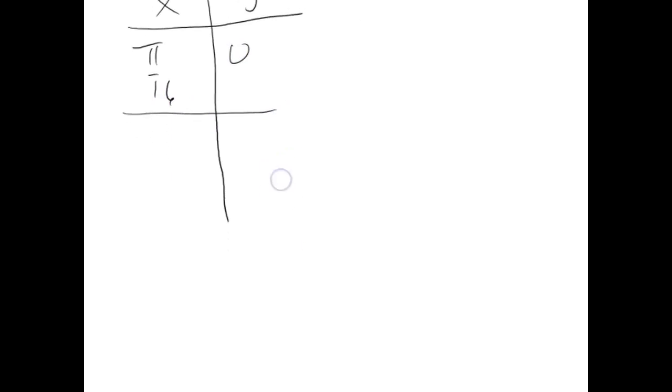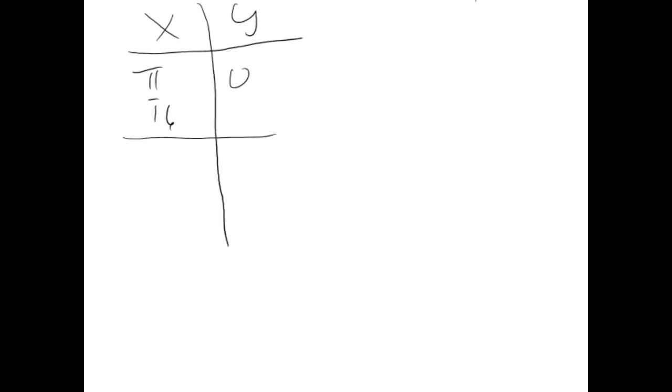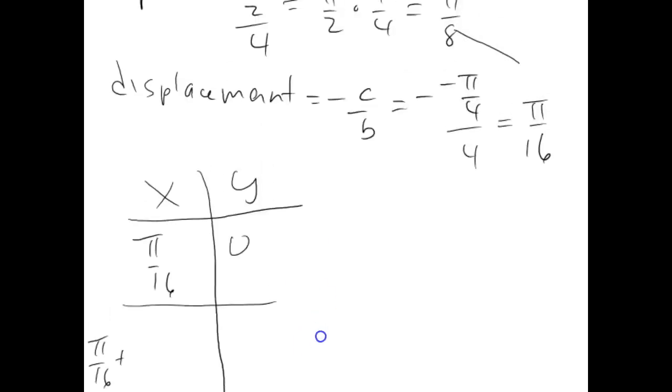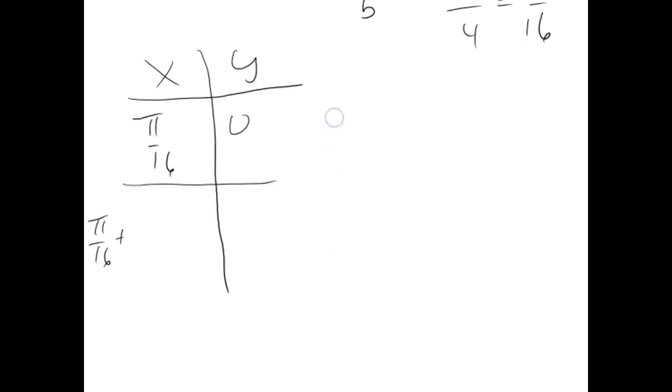Now, how do we find our next point? Our next point is, you take your point you had a minute ago, which is pi over 16, and we add that quarter period to it. Now our quarter period was pi over 8. So we're going to add pi over 8. We work this out, and it's going to give you 3 pi over 16.